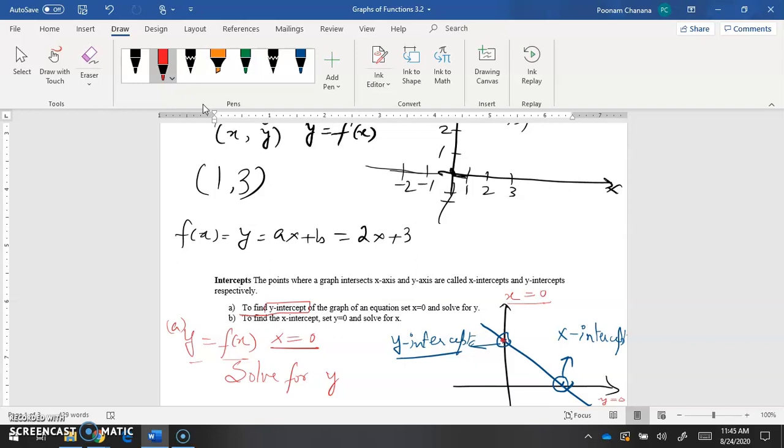Now to find x-intercept on the other hand, what is x-axis? y equal to 0, right? Because all the points on x-axis, y is 0.